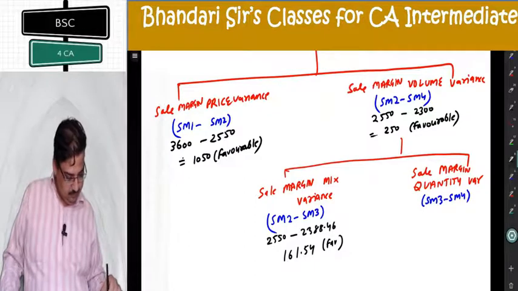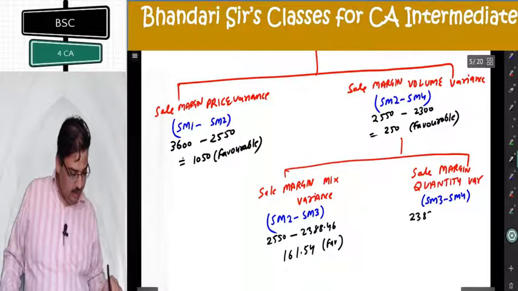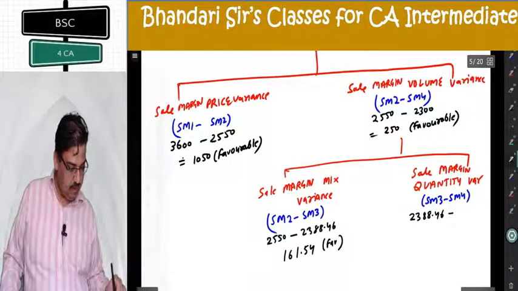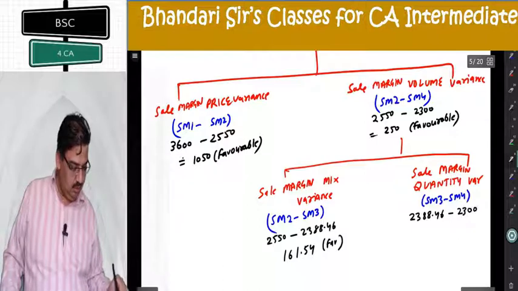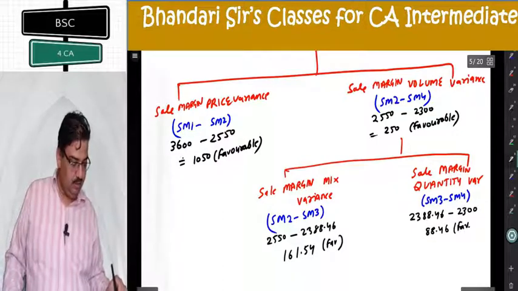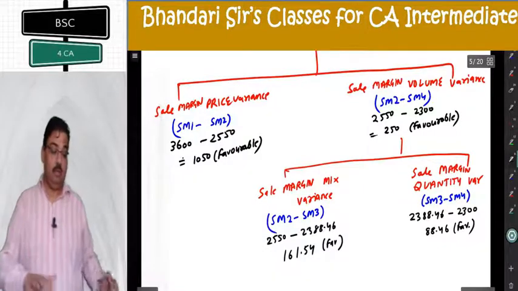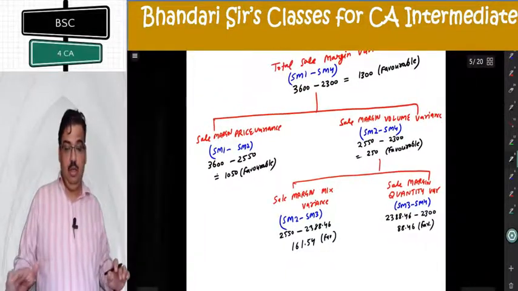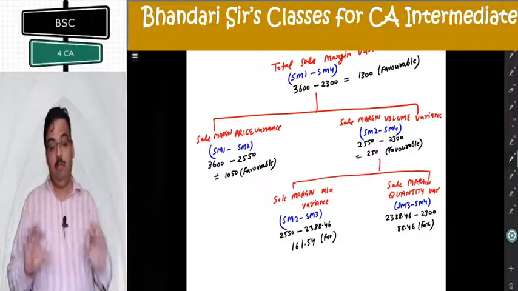Similarly 2388.46 minus 2300, 88.46 favorable. That is a complete question A1 part 2, part B, whatever you call it.